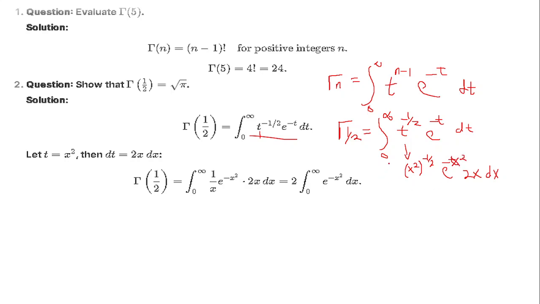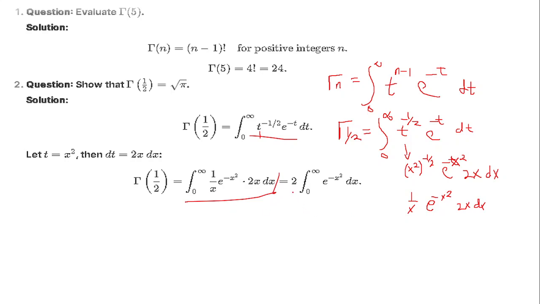By the time you simplify, you realize that this one becomes -1, which is just like 1/x. Then this one will become e to the power minus x squared, 2x dx.